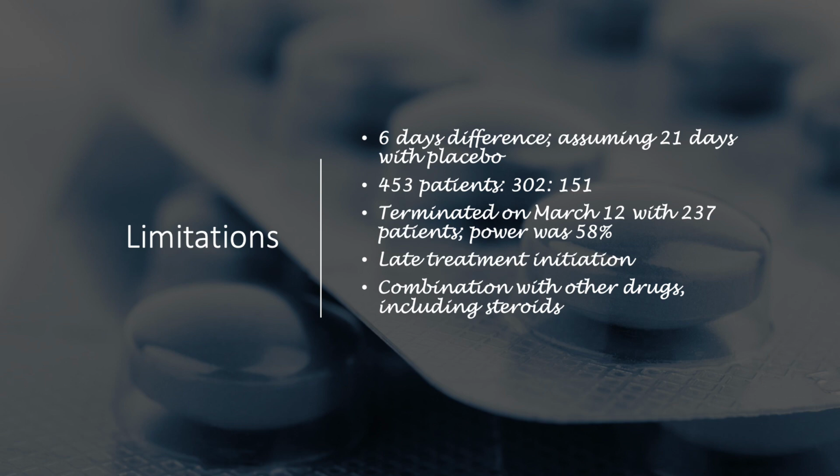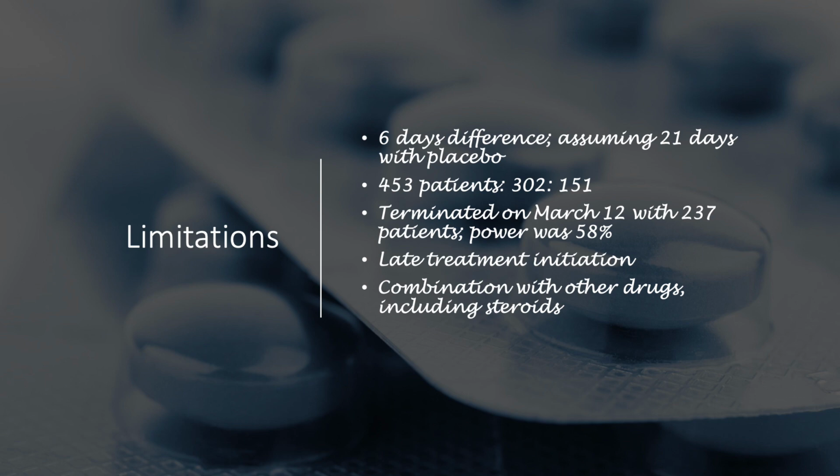Combination with other drugs and other modalities involving the use of corticosteroids, interferon alpha, lopinavir, ritonavir, and convalescent plasma could have resulted in treatment bias, although they were roughly equally distributed between the two treatment arms. So that's the study from China, which was published in The Lancet just a few days ago.